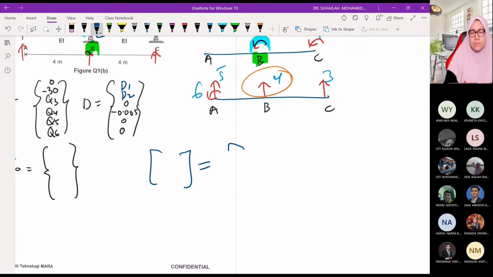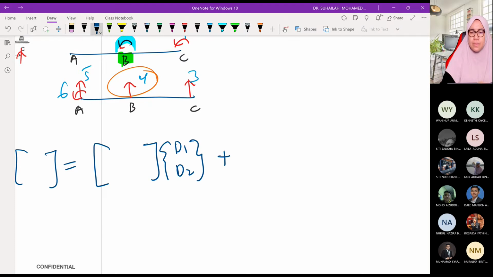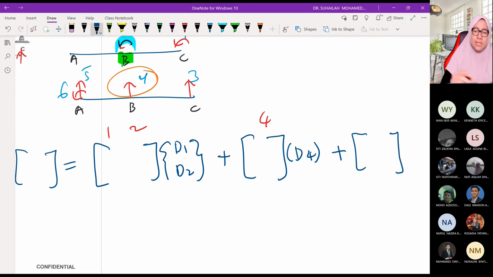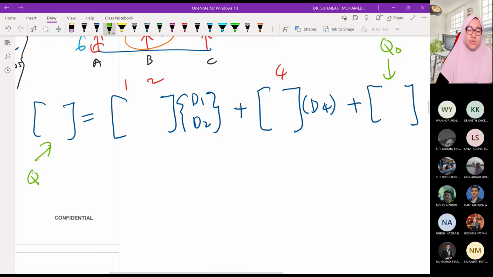Q equals K times D1, D2, plus another term. If here it is 1, 2, here it is 4. This one is taken from the full K, multiplied by the negative here, multiplied by D4. Then plus Q, another Q. Here we plus with Q naught. This one is Q. Okay, so this is how we analyze this.